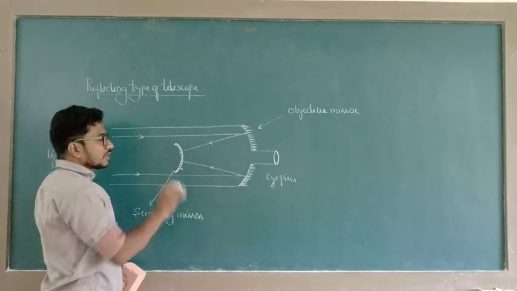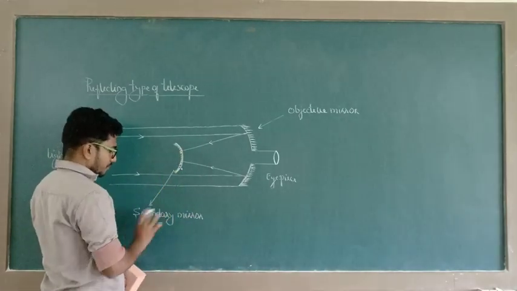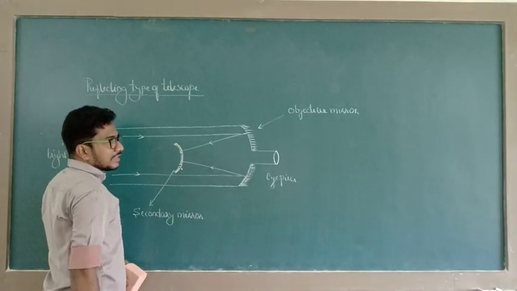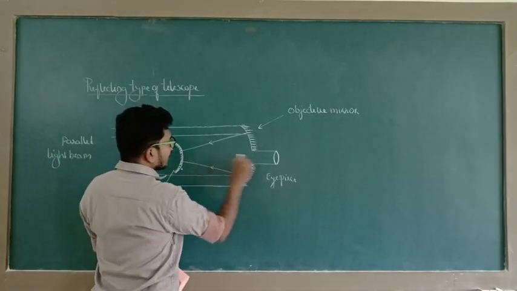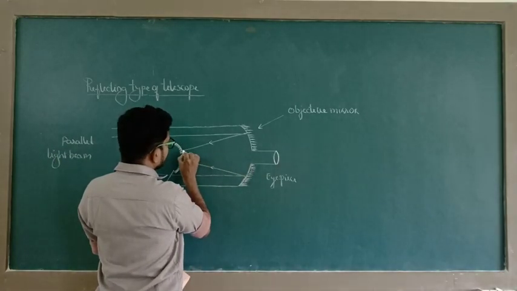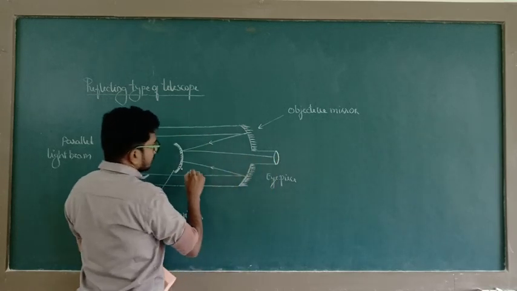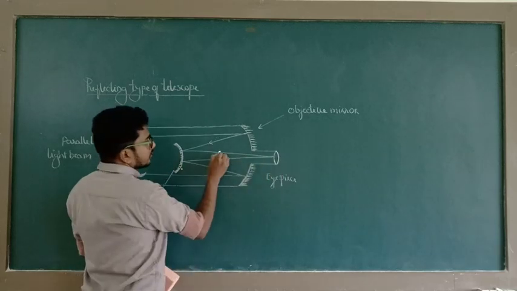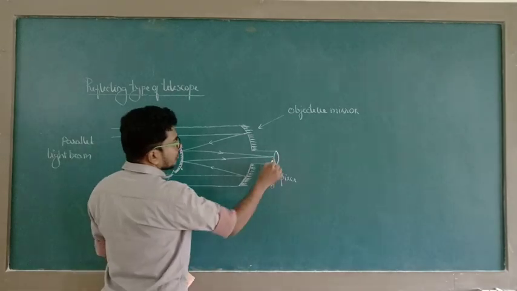But before converging at that point, again these two light rays are reflected from the secondary mirror. So these two light rays act as incident light rays for the secondary mirror, and after reflection, finally they are going to meet at some point.